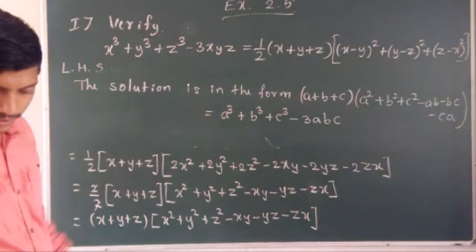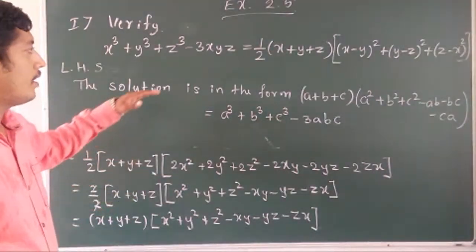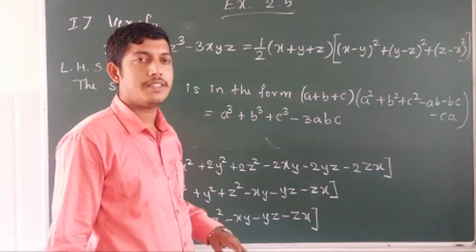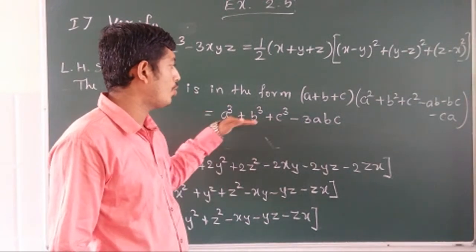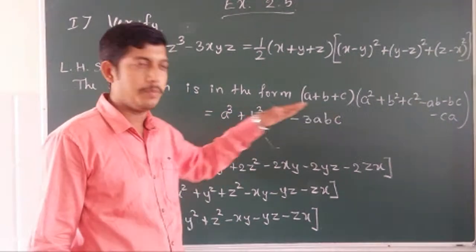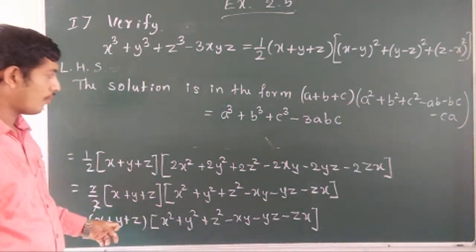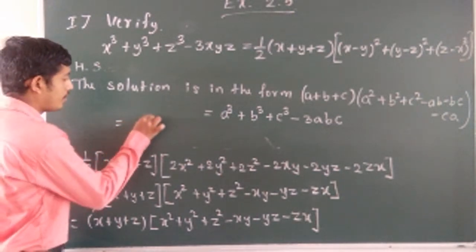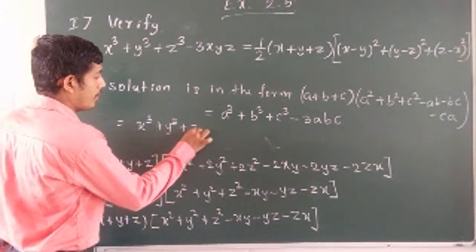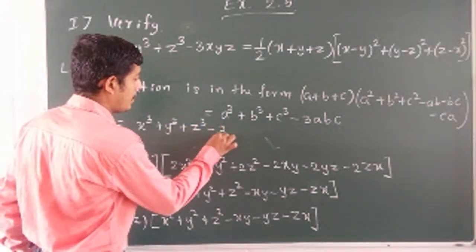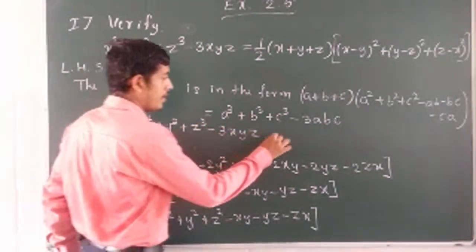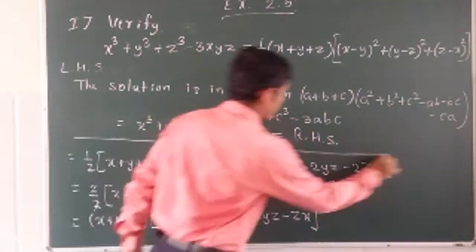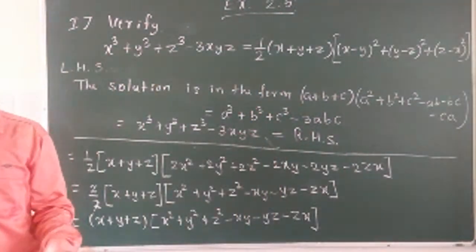So our equation is in that form. And here the value of a is x, value of b is y, value of c is z. Therefore that equals x cube plus y cube plus z cube minus 3 times xyz. That equals the LHS. Just look at the steps.